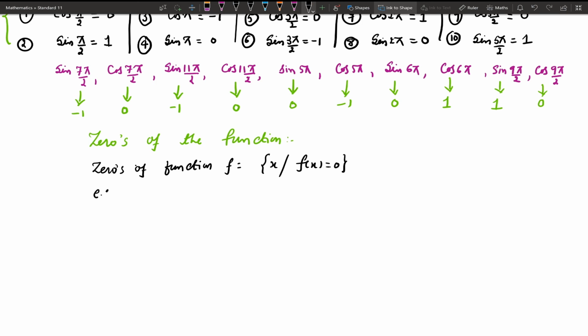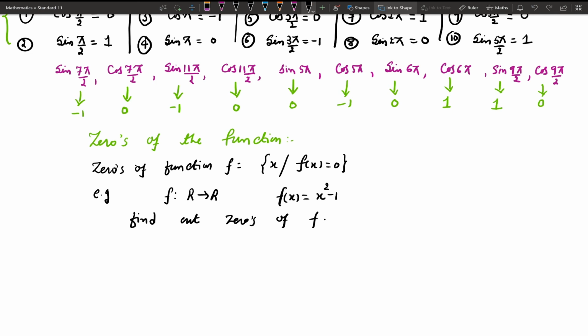As an example, suppose f is a function from R to R and f of x equals x square minus 1. Find the zeros of f.